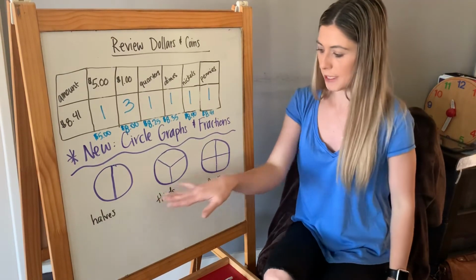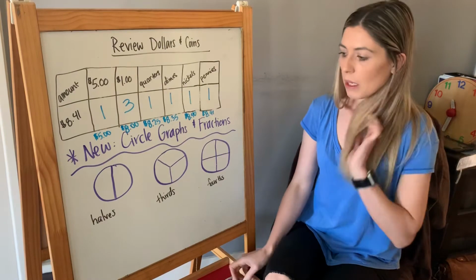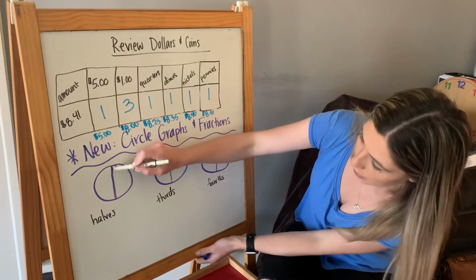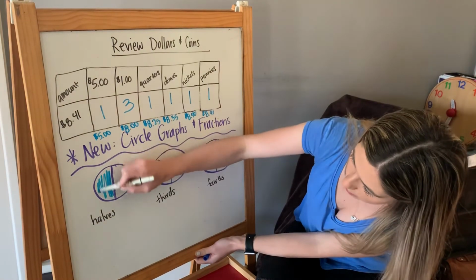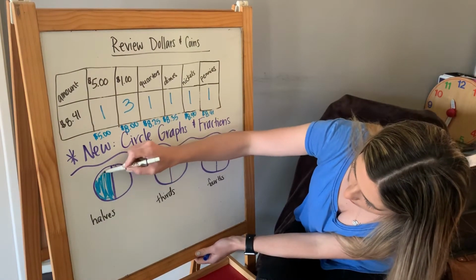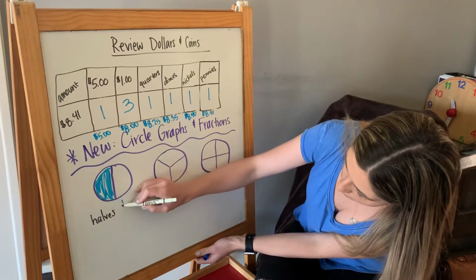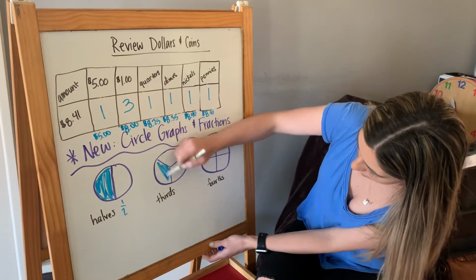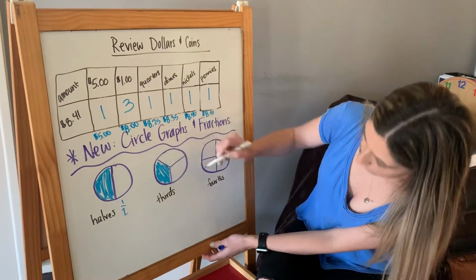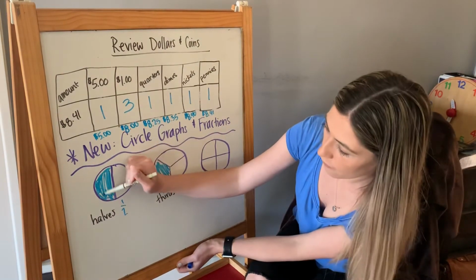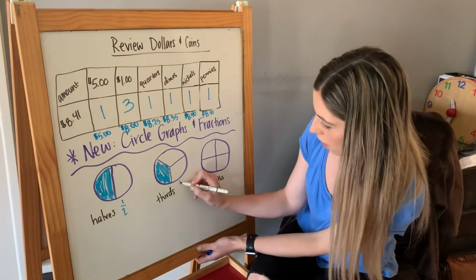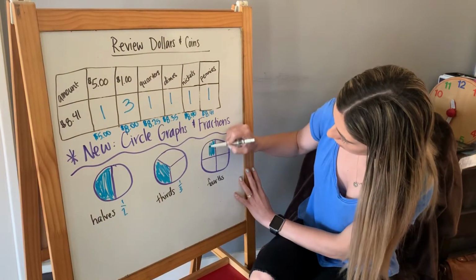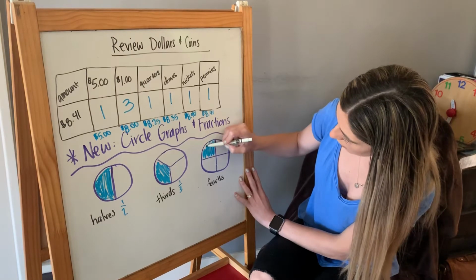So you can sort of see it in this picture that halves, if I colored in 1/2 right here, that's 1/2, and this would be 1/3. If you look carefully, 1/2 is actually more than 1/3. And then if I colored in 1/4 over here, this one's a little bit easier to see.